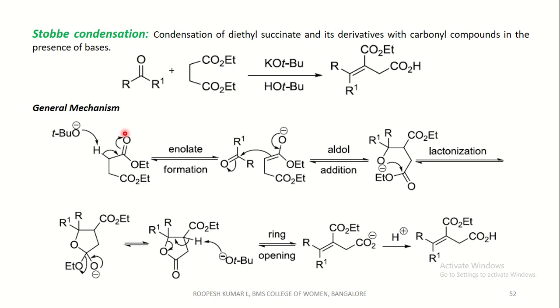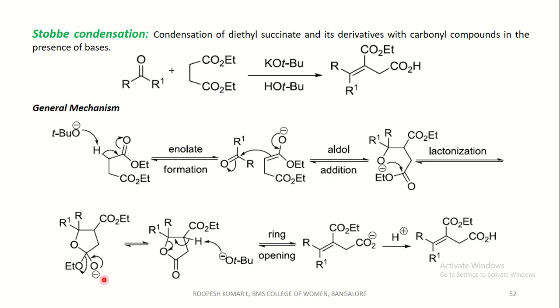to form a negative charge on oxygen, which is an enolate. This enolate forms a carbon oxygen double bond, and this double bond attacks a carbonyl carbon to form an O negative. With the subsequent aldol condensation and lactonization, we get the corresponding 5-member ring, which is a lactone.